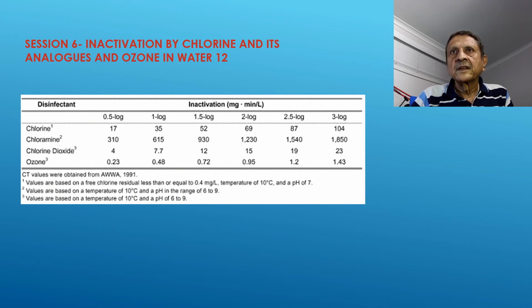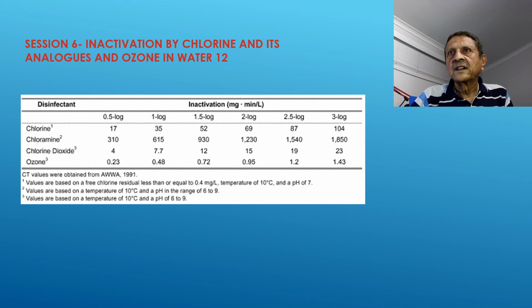And the CT value of chlorine dioxide is 4, and for ozone is only 0.23. So you find the least effective is chloramine, the most effective is ozone, and next is chlorine dioxide, and chlorine is more effective than chloramine, but less effective than the other two.